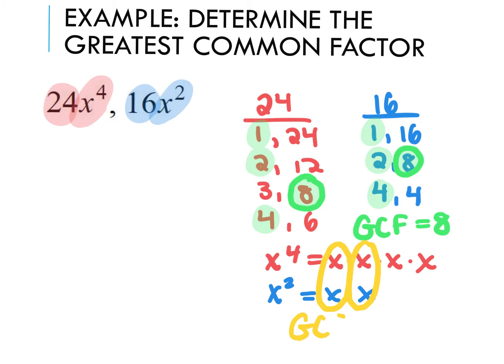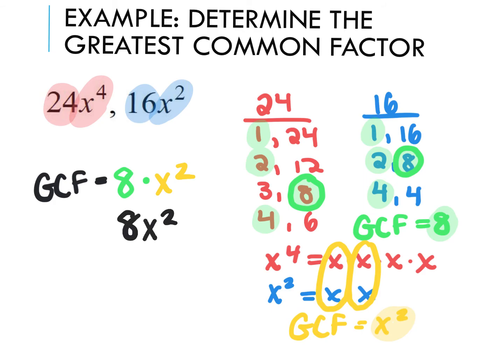So this means the greatest common factor is those two x's, which I can write as x squared. So now my greatest common factor is the greatest common factor of the numbers, which we got as 8, times the greatest common factor of the variables, which I had as x squared. So my greatest common factor is 8x squared.